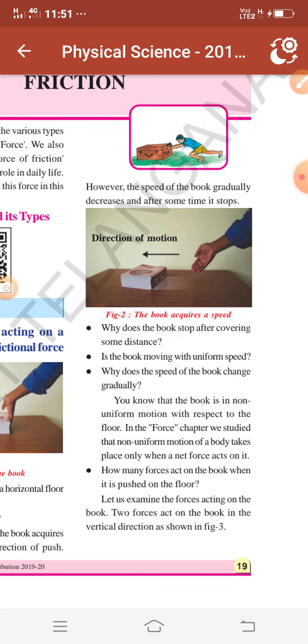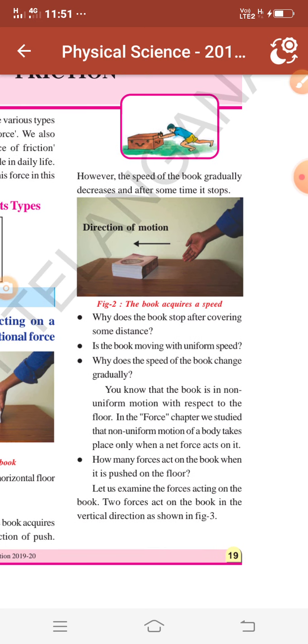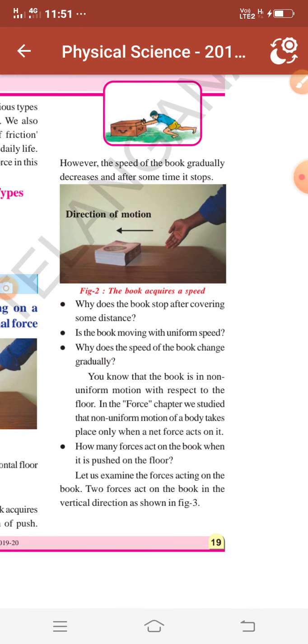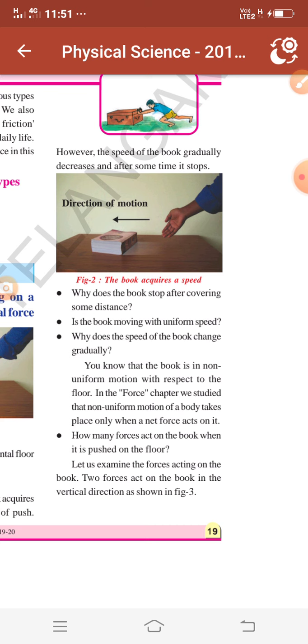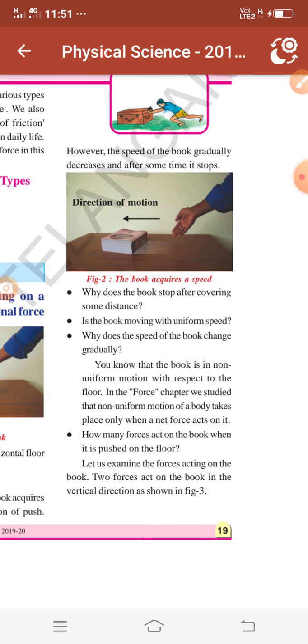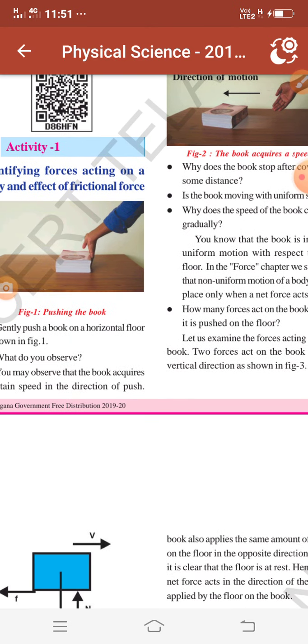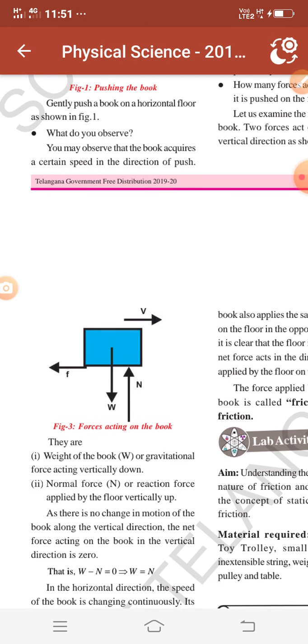Why does the book stop after covering some distance? Yes, you know that the book is in non-uniform motion with respect to the floor. In the fourth chapter, we studied non-uniform motion of a body. Now, the forces acting on the book.